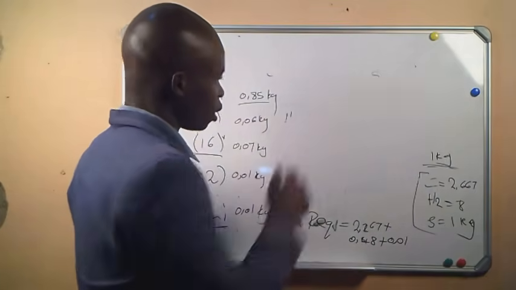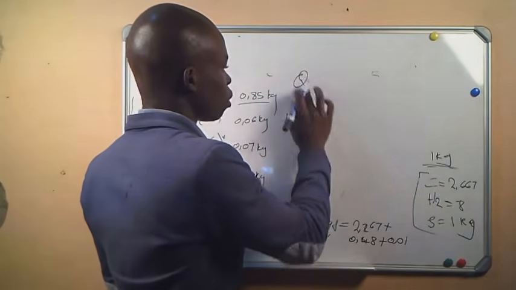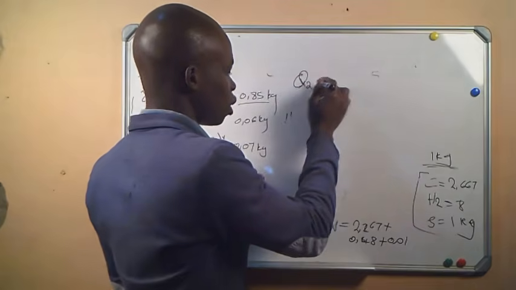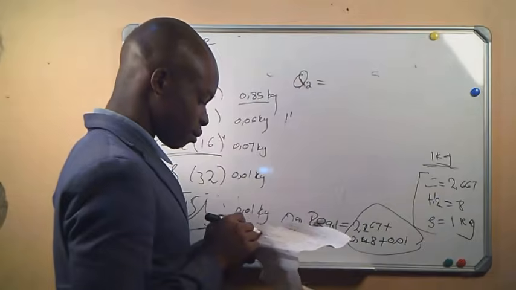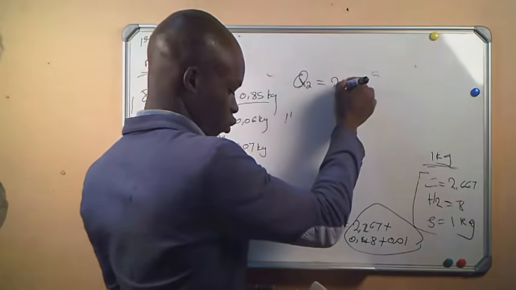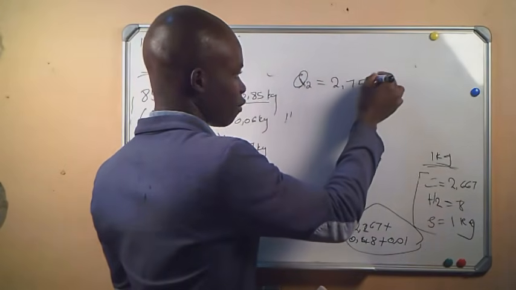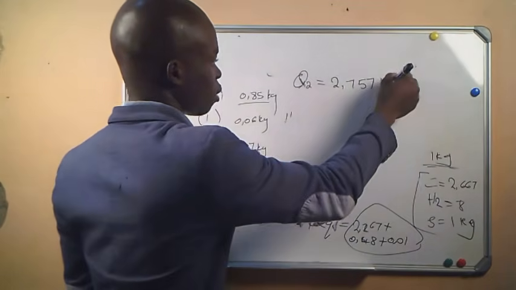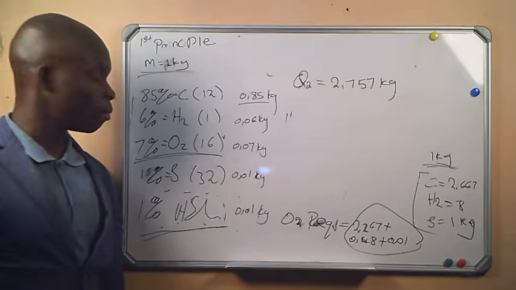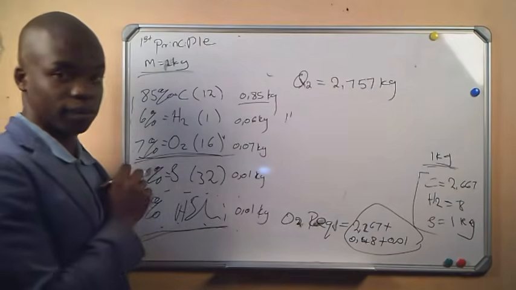The oxygen required now is equal to the sum of this, and then I got my answer as 2.757.